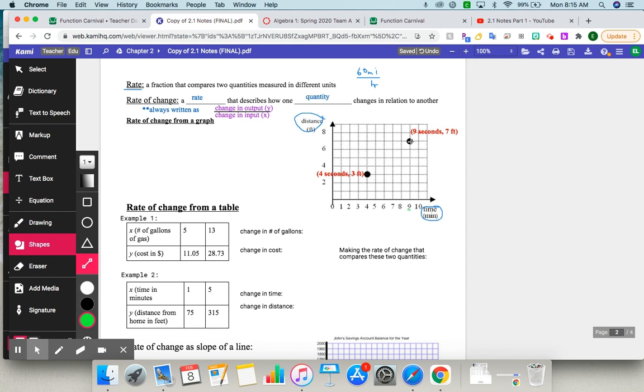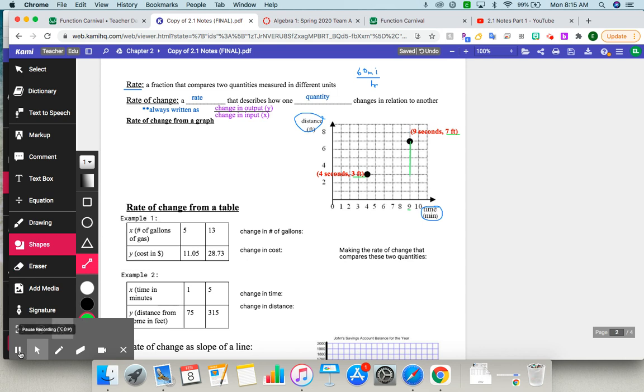So my change in my output would actually be represented by the length of this vertical line, because I'm taking it from my second point to my first point, or vice versa. So the change is from 3 feet to 7 feet. Well, change in math can be described as the difference.